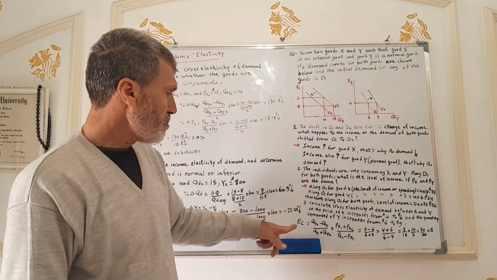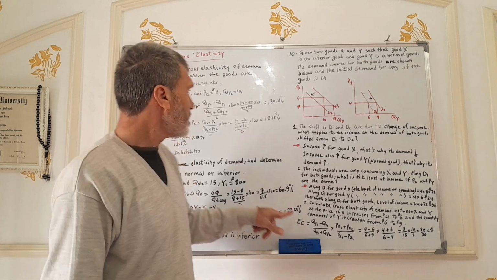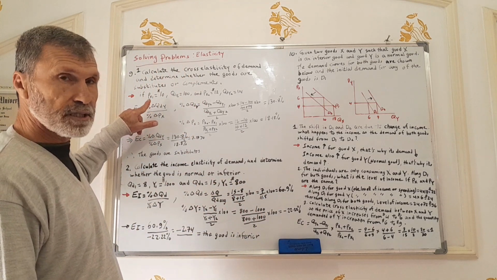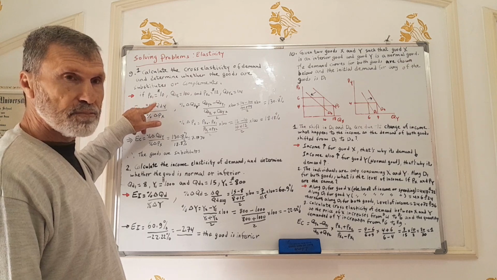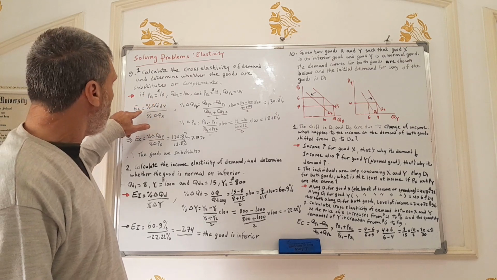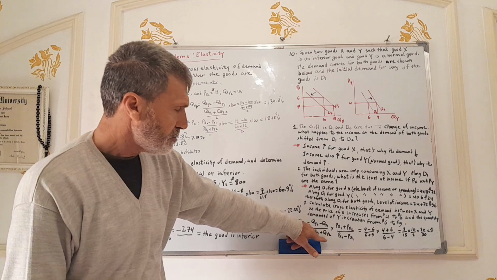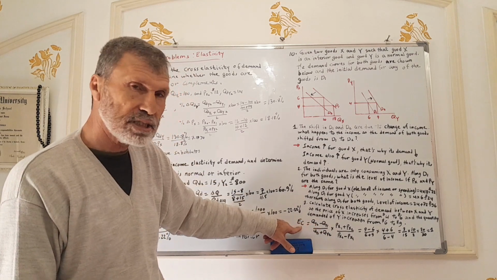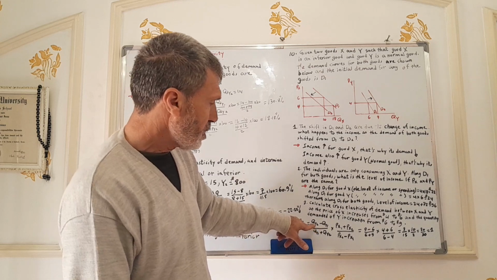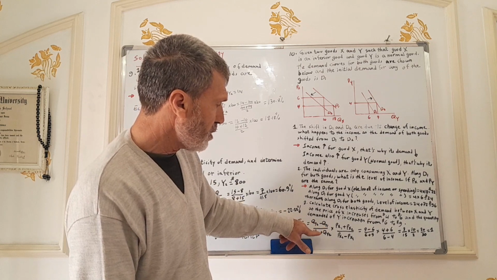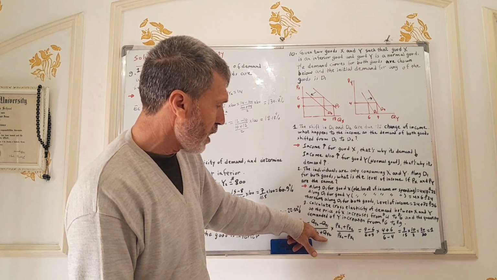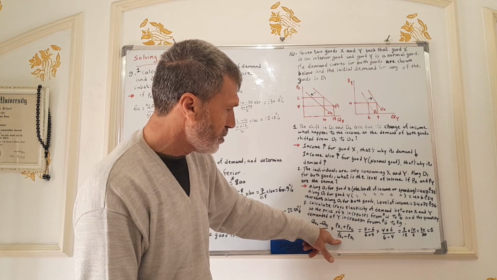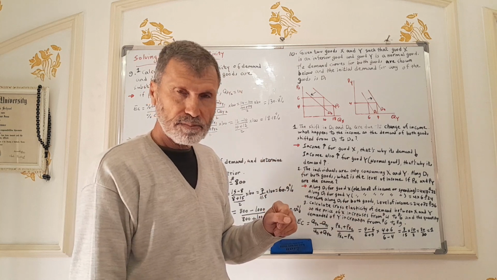So the cross elasticity of demand, this is the formula for it. When I simplify this one here, I will come up with an easier formula for the cross elasticity of demand, which is equal to (QY2 minus QY1) over (QY1 plus QY2) times (PX1 plus PX2) over (PX2 minus PX1).